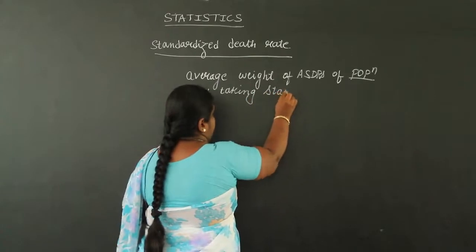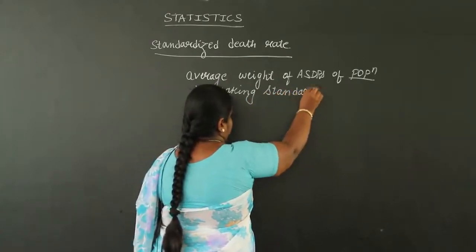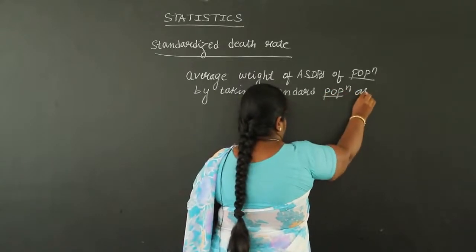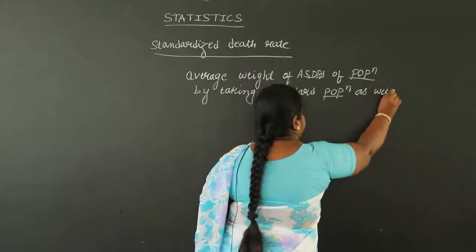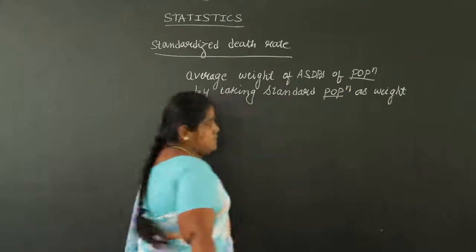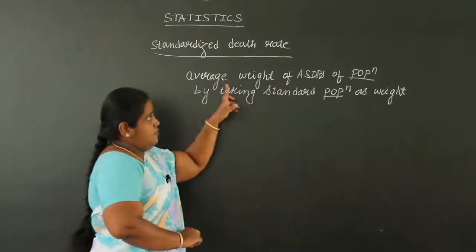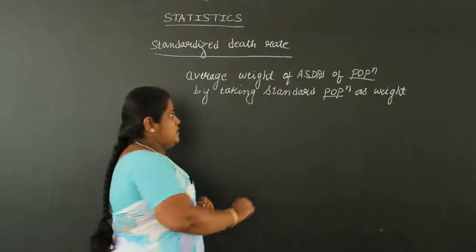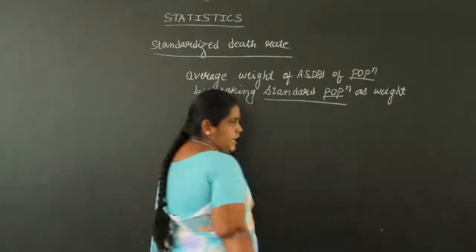In this we have to take one of the populations as standard. So standardized death rate is the average weight of ASDRs of population by taking standard population as weight.